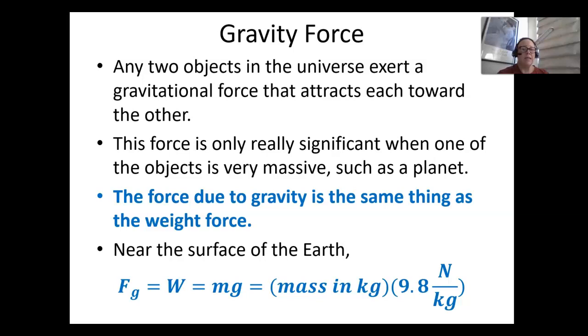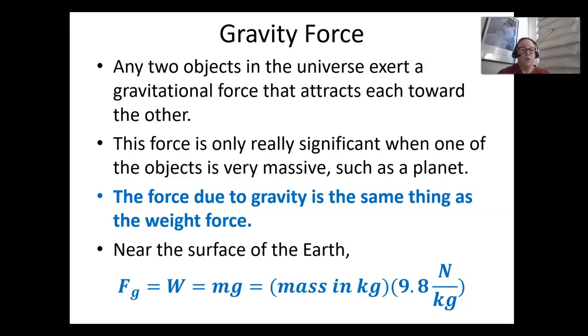So any two objects in the universe exert this gravitational force on each other, but the force is really only significant when one of the objects is very massive, such as a planet. So, I may be exerting a gravitational force on the lamp over here, but that force is not very significant. It's not causing the lamp to move. It's not causing me to move.